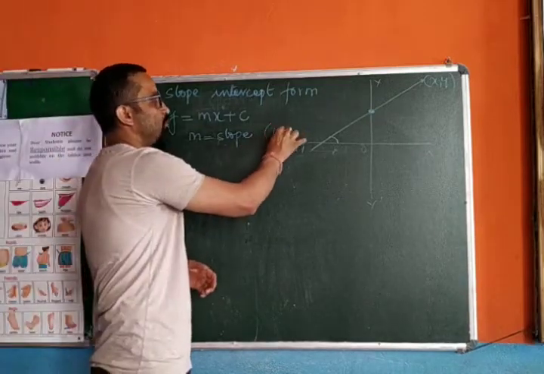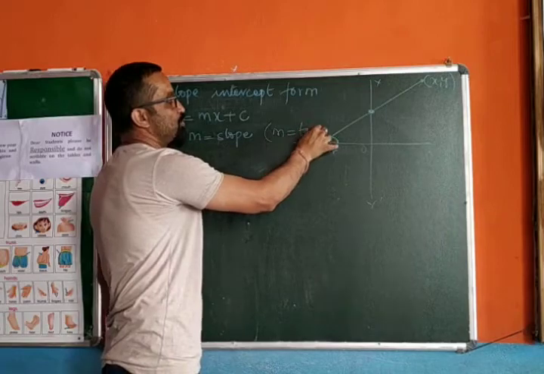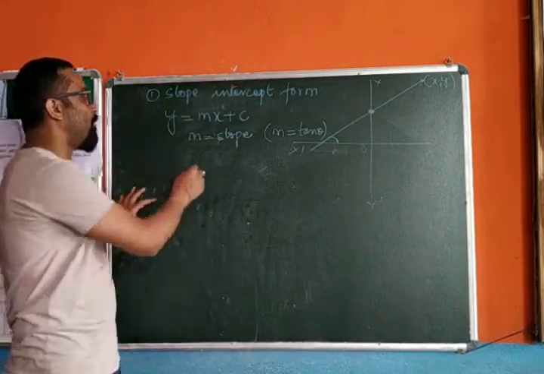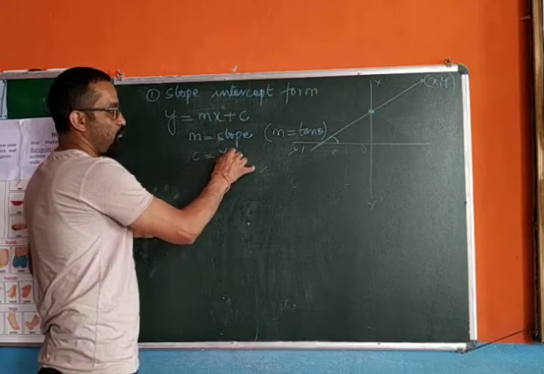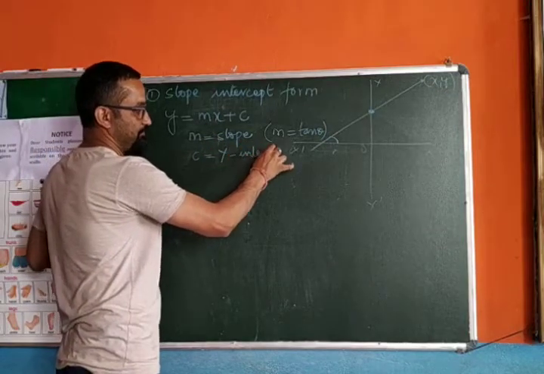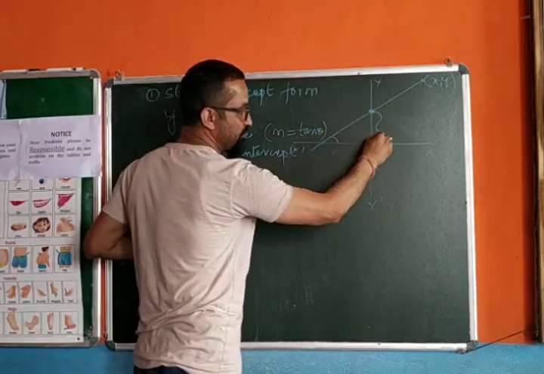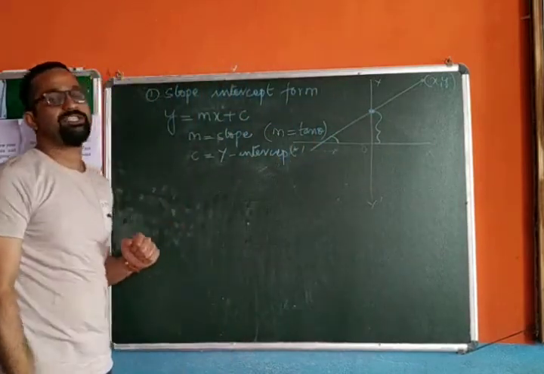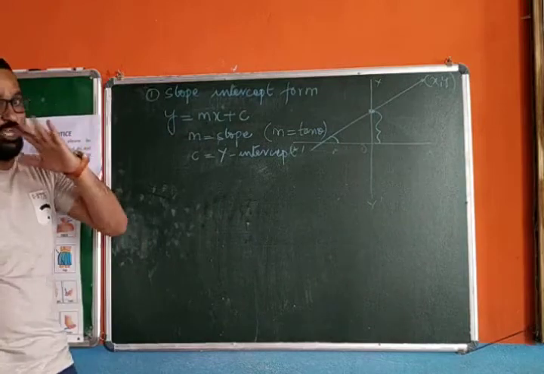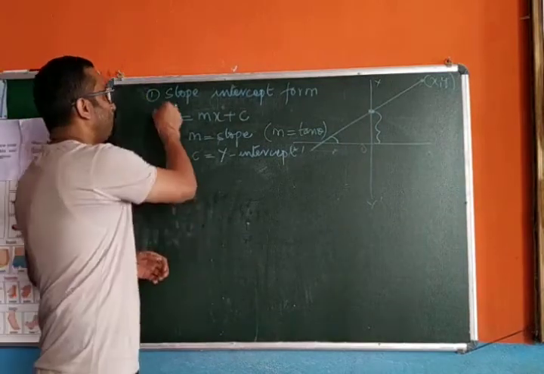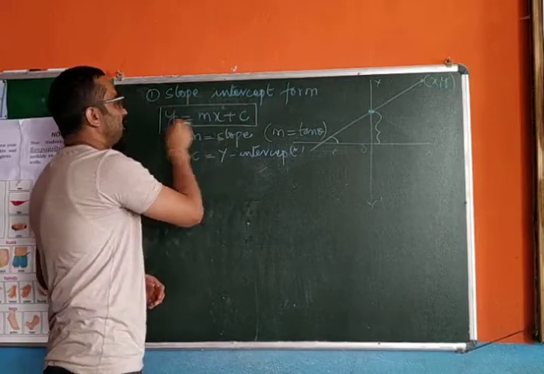Slope can be calculated by the formula m equals to tan theta. And this c stands for y-intercept, where y-axis will be intersecting the line. First general formula to calculate the equation of straight line: y is equal to mx plus c.